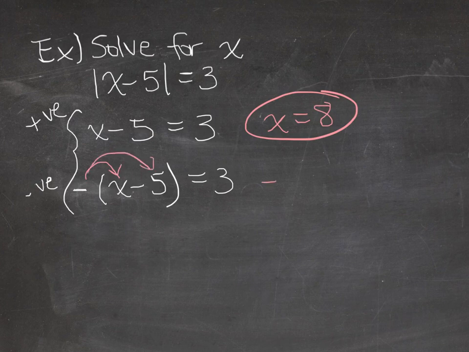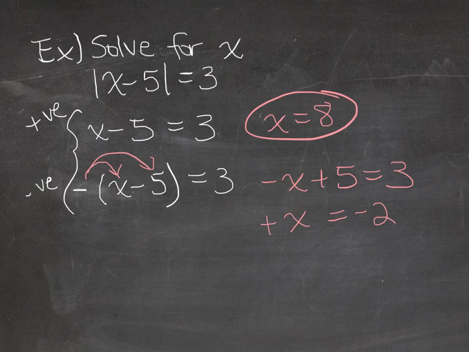So I have negative x plus 5 equals 3. Solving for x here, I'm going to subtract 5 from both sides. So I have negative x equals negative 2. And then I can divide both sides by negative 1, so these become positive, so I get x is equal to 2. So I have two answers there for x.